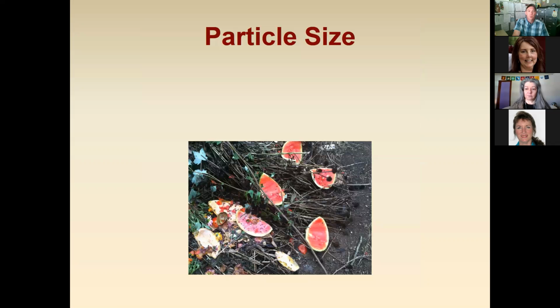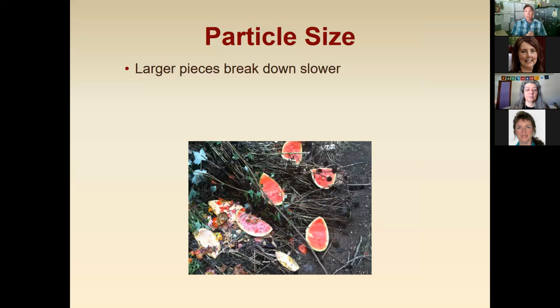Okay, so back to particle size. You want to make sure that the watermelon, the big large sticks, you try to break them up as much as you can, because they will break down a whole lot slower. There are obviously some larger pieces you do want. These sticks will be fantastic for airflow, to keep some of those pockets in there.